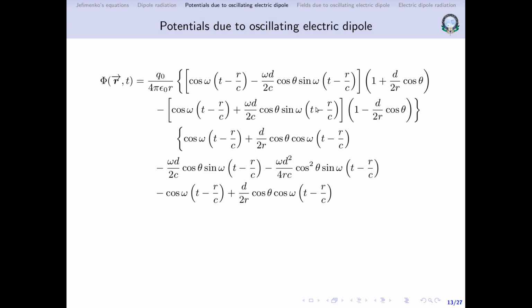And lastly we have this one, multiply this with this and this, so we have minus plus plus, we'll get a minus sign, omega d by twice c into cos theta sine of omega t minus r by c. Then we have omega into d square, same as before, omega into d square, 4 into rc, then cos square theta sine of omega t minus r by c. Here we have a minus plus minus, so we'll get a plus sign.